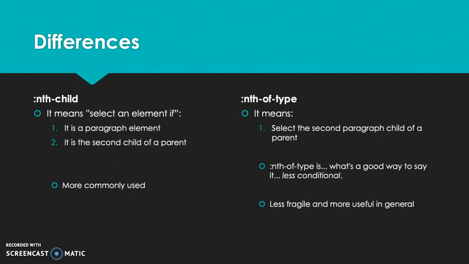The difference between these two is that nth-child means select an element if it's a paragraph element and if it's the second child of a parent. So even though the nth-child selector is used more commonly, it does have a lot more limitations.